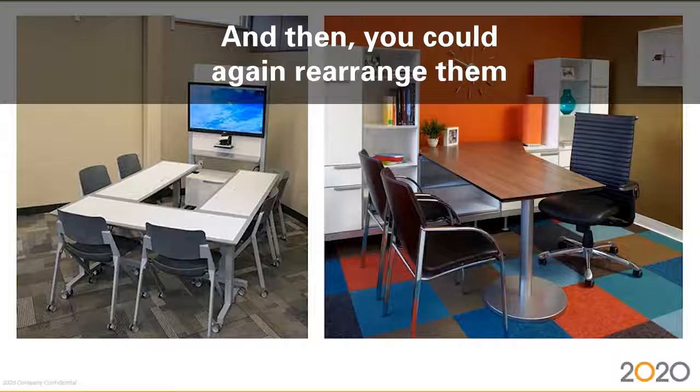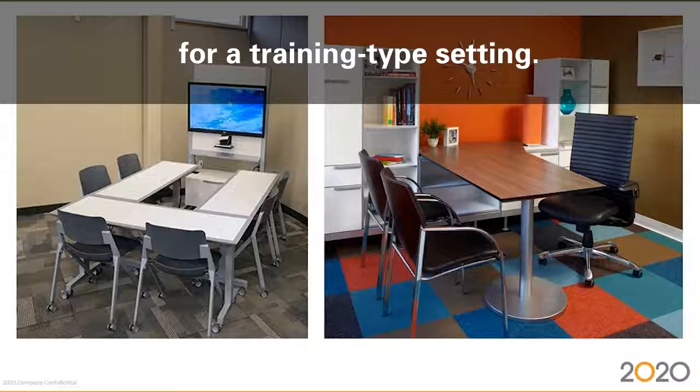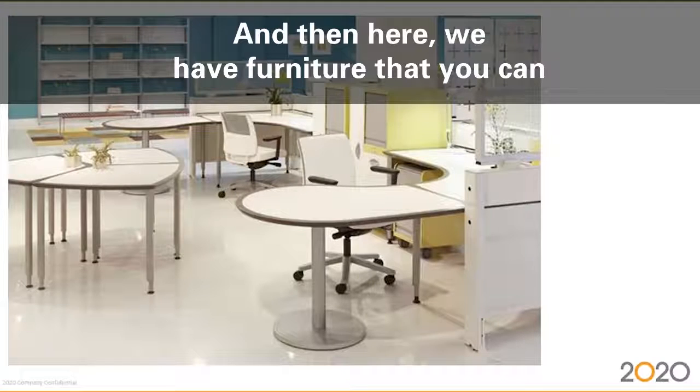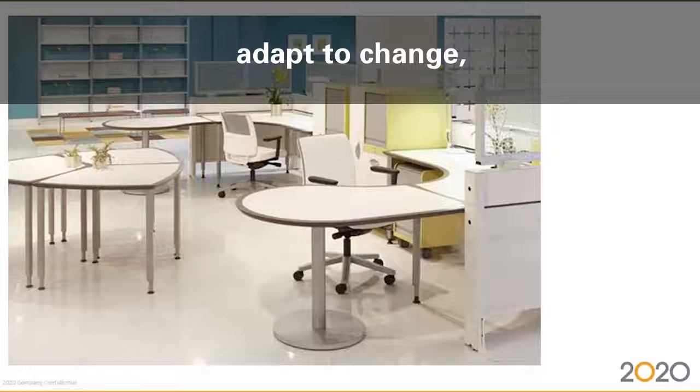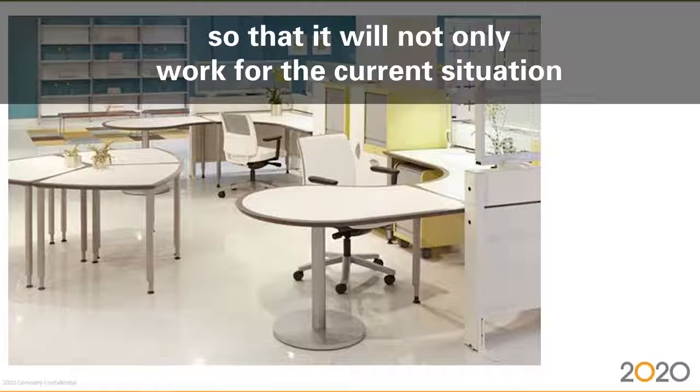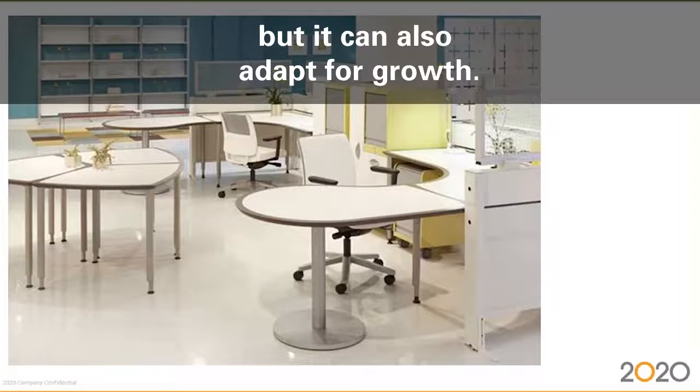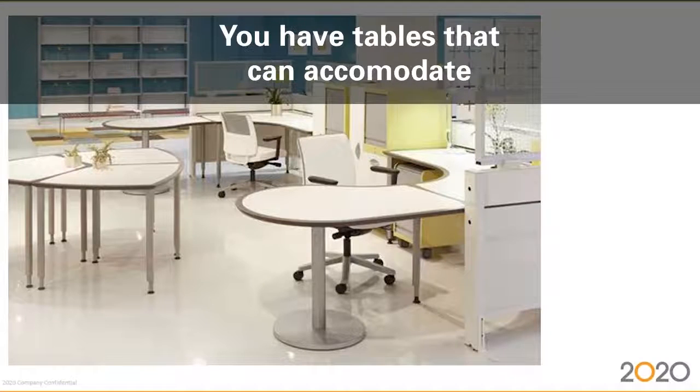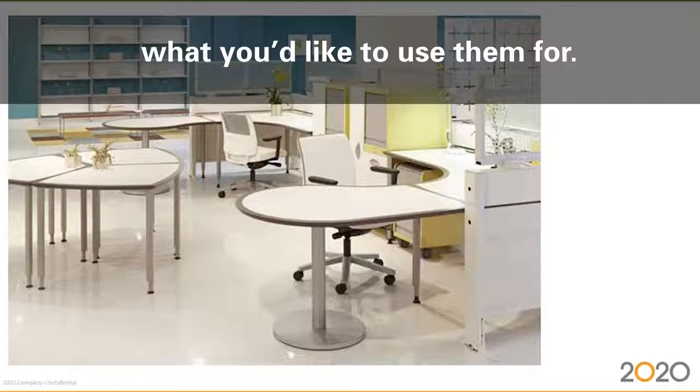And then you could again rearrange them for a training type setting. And then here we have furniture that you can adapt to change. So it'll not only work for this current situation, but it can also adapt for growth. You have tables that can accommodate what you'd like to use them for.